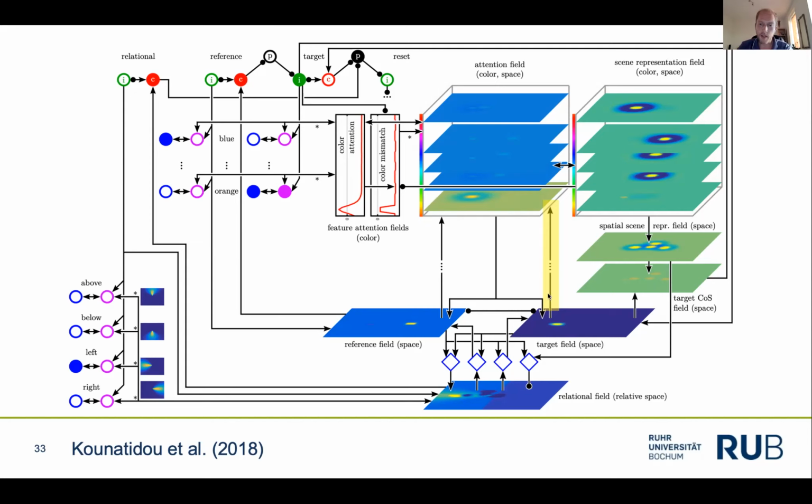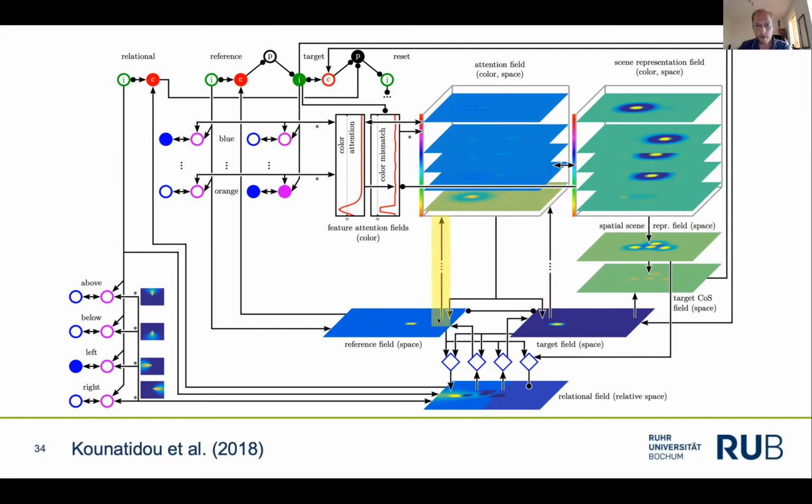And that peak is then projected into the attention field, providing a rich input along the location. And this rich input coincides with another rich input from the color attention field, thereby providing the color of the target object.